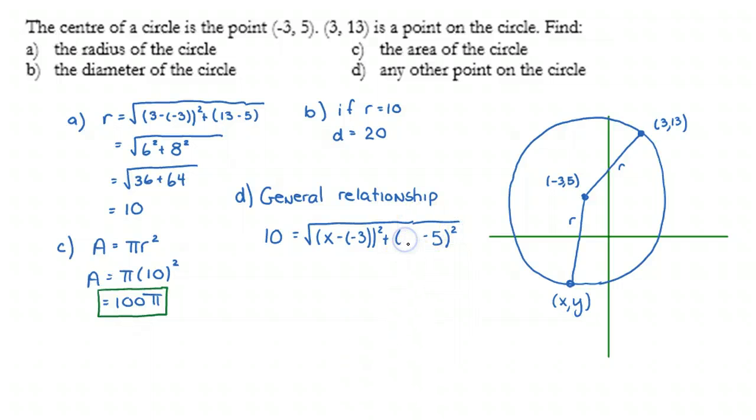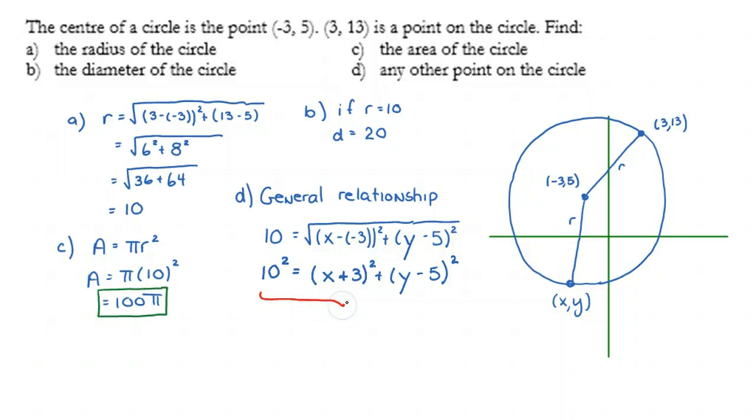You see it? There it is, y minus 5. So guess what? This is actually the general relationship to represent a circle. However, we typically write it like this. We actually keep the square on that side.